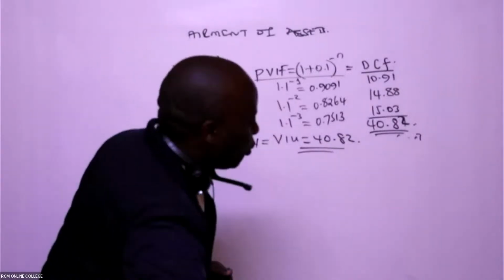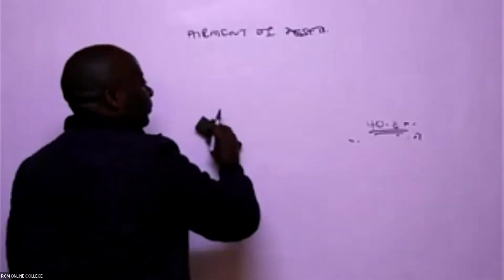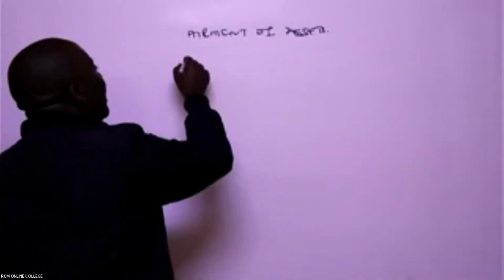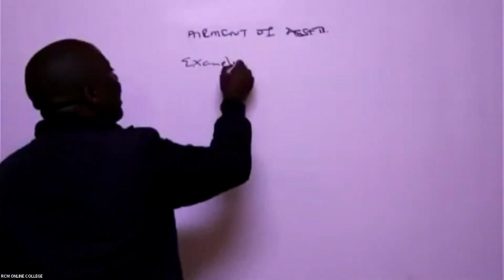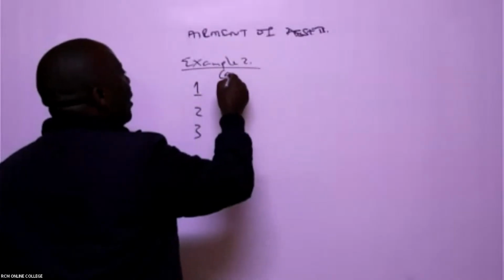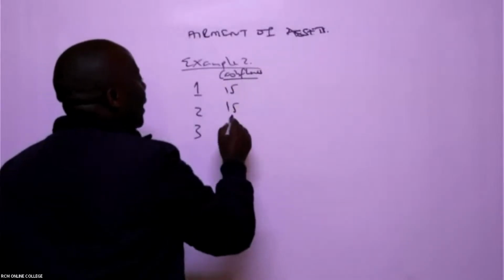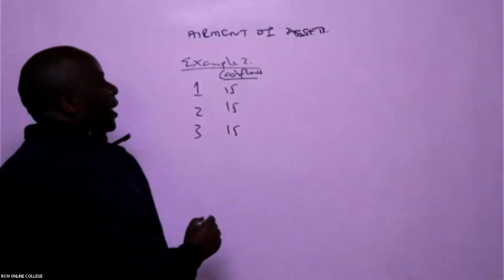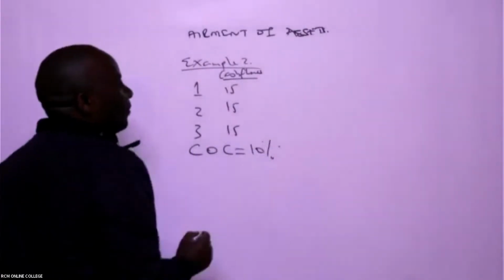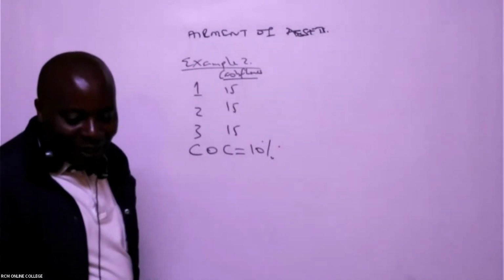Example 2. So example 2, ladies and gentlemen, what do we have? We have years 1, 2, 3, and then we have our cash flows. Our cash flows are 15, 15, 15, 15, 15, 15. And then we have our discount rate, let's use 10%.